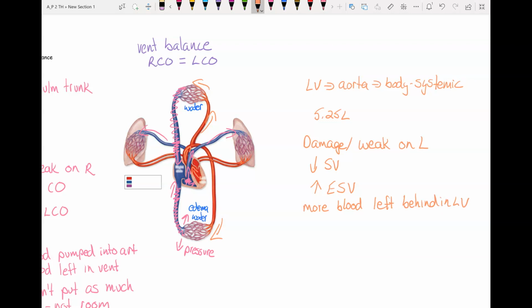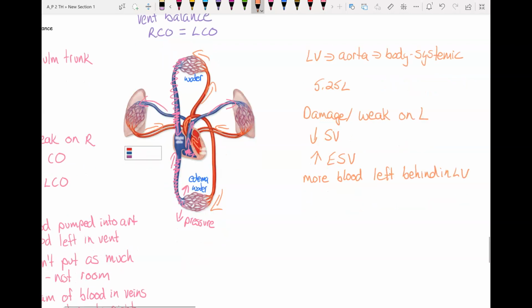So now you get a traffic jam of blood trying to get into the left side of the heart. Well, the blood coming into the left side of the heart is coming from the lungs.